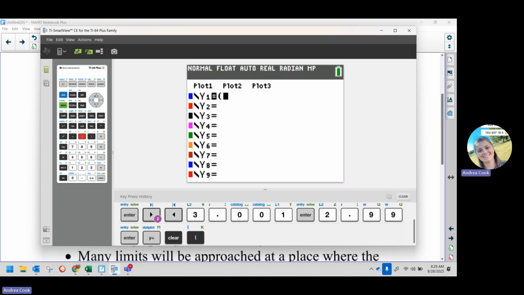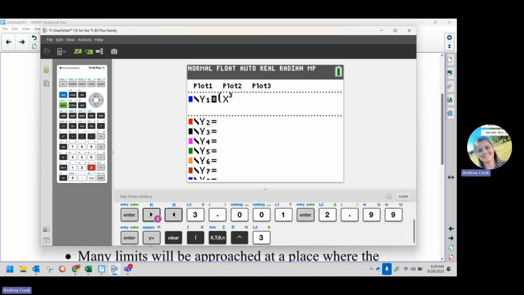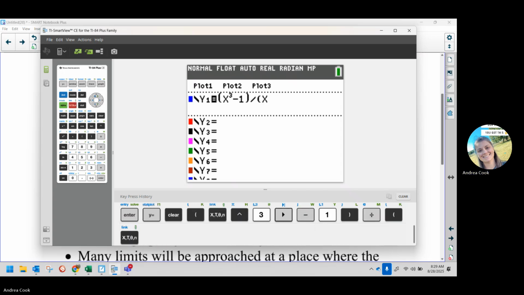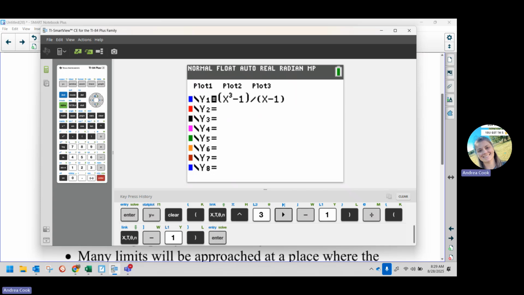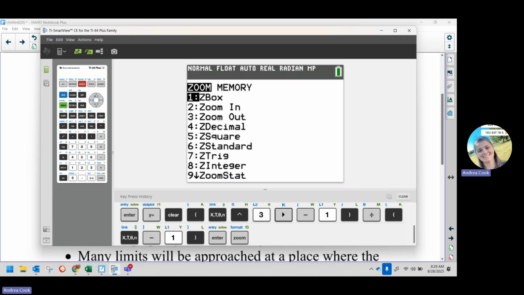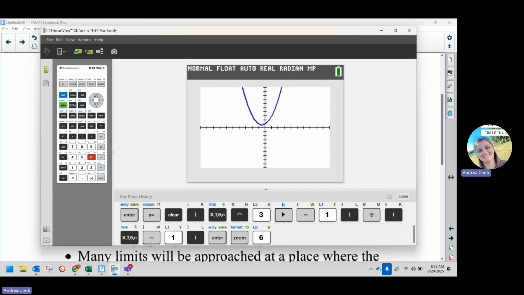Put the numerator in parentheses and then the denominator in parentheses, and use divided by. So it should look like that when you type it in. And when I hit graph, this is what your graph should look like.